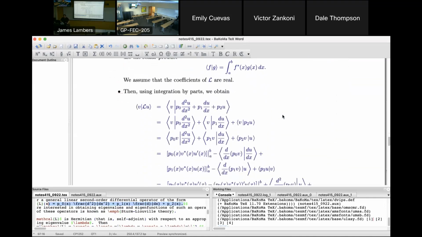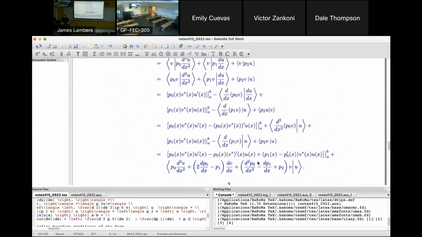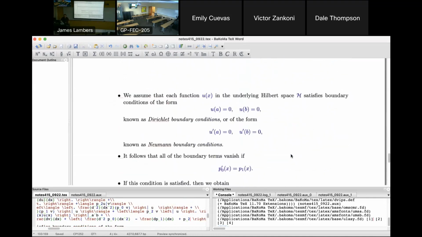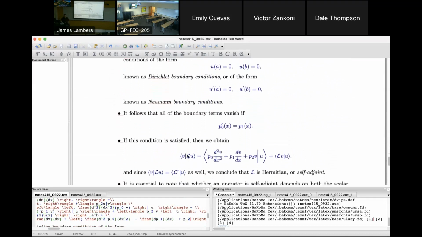So the condition that we need to make this operator agree with the original, and to make sure the boundary conditions vanish, or at least the two boundary conditions under consideration, is the same. P0 prime equals P1.